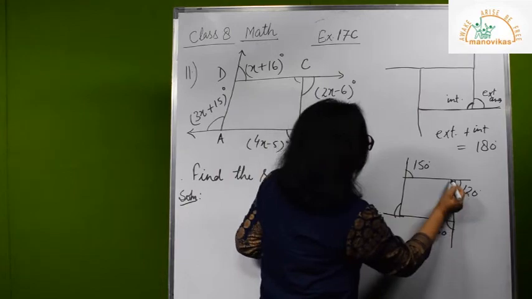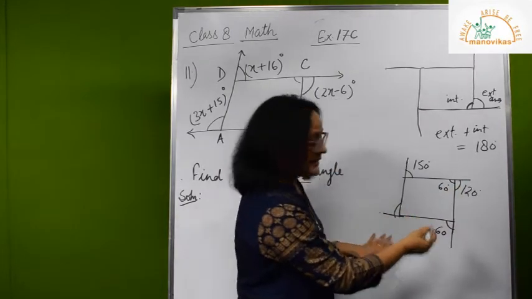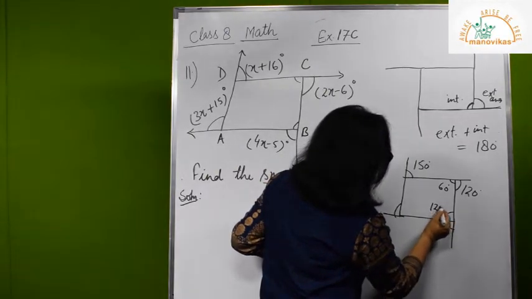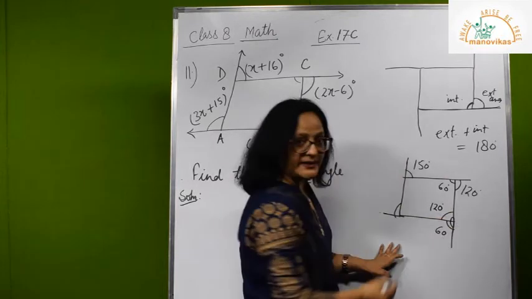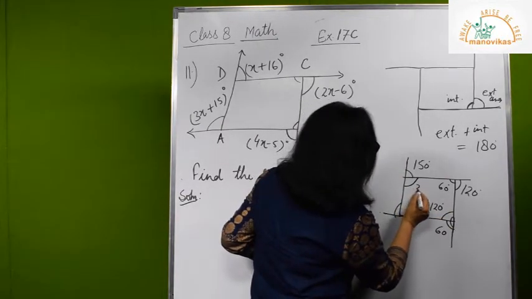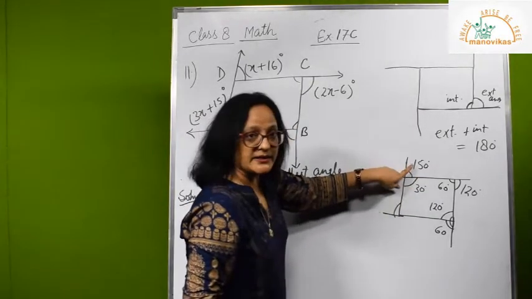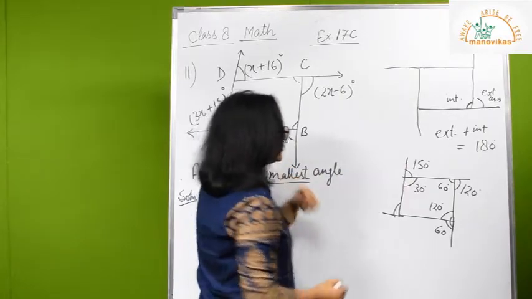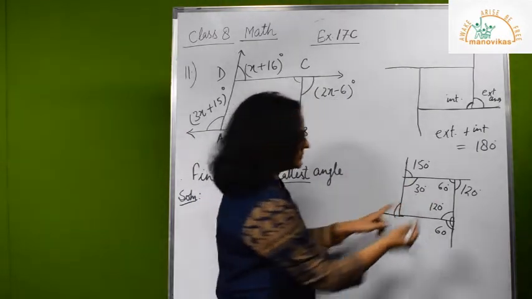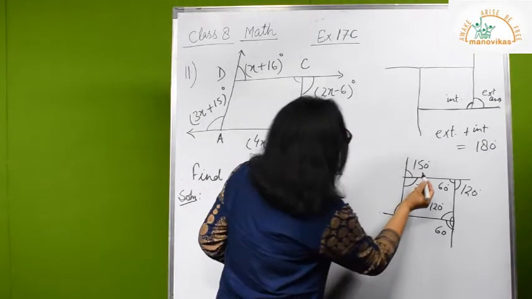This is 120 degrees, so its interior angle will be 60 degrees because of the linear pair. This is 60 degrees, so its interior angle will be 120 degrees. This is 150 degrees, so its interior angle will be 30 degrees because the sum should be 180 degrees. Now you can see the smallest interior angle is 30 degrees, right?